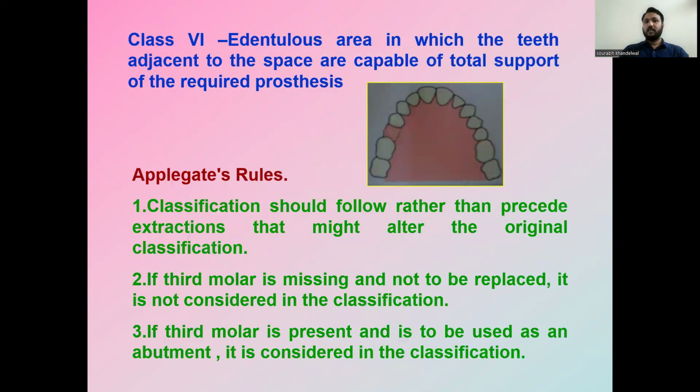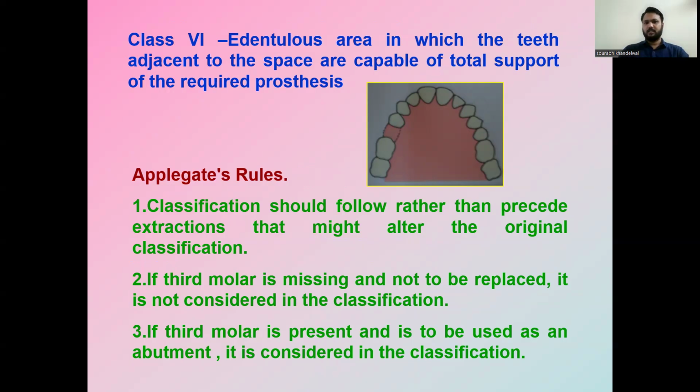Then for class 6, an edentulous area in which the teeth adjacent to the space are capable of total support of the required prosthesis, it will be considered as class 6, which is the modification given by Applegate. Then Applegate also gave 8 rules.